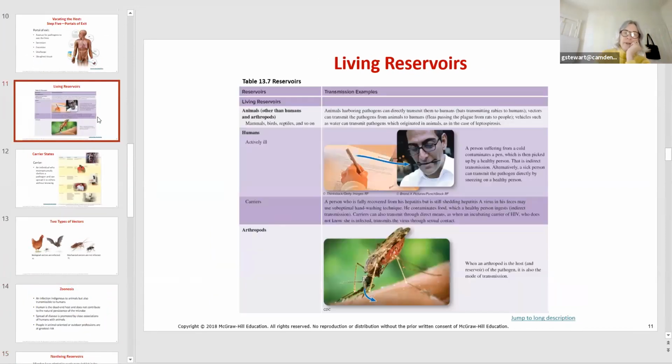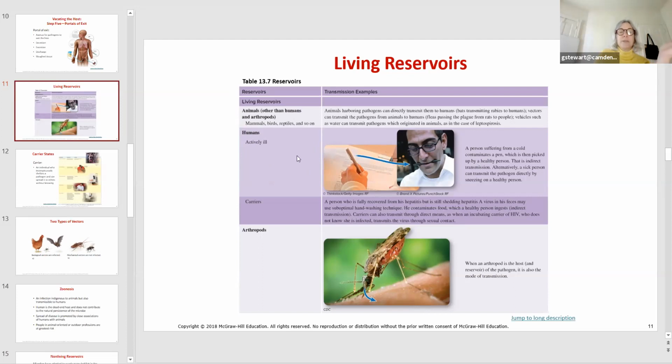A reservoir has a very specific meaning. It is a place where an organism can multiply and persist. So it can divide if it's a virus, or multiply if it's a bacteria, and has opportunity for transmission, a way to get to its next host, right? So with a living reservoir, humans that are actively ill, clearly we can spread the disease from one person to another.